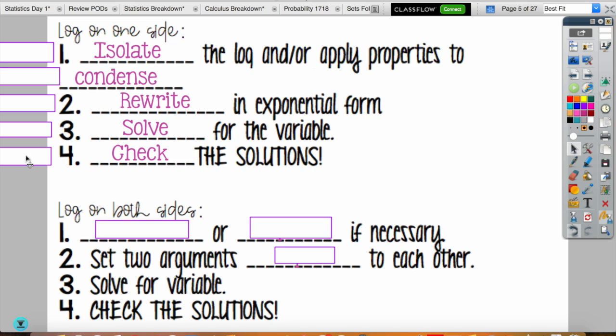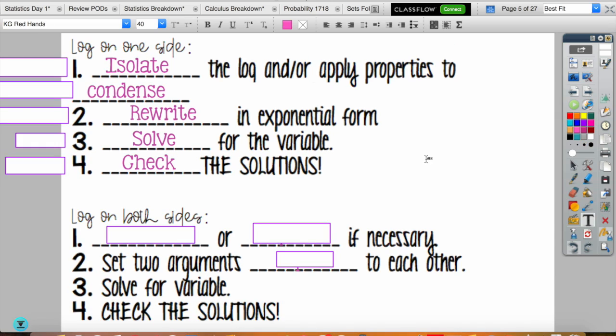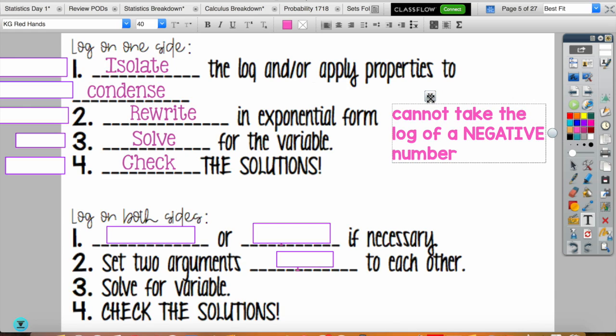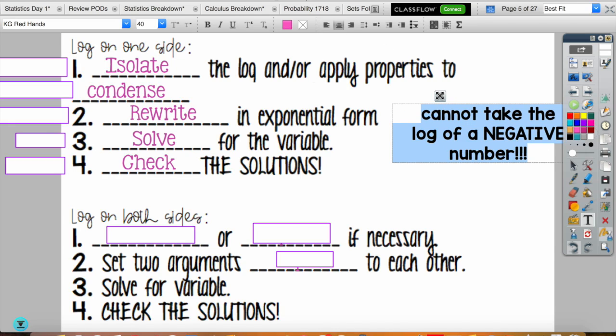That's why you have to check your solutions. You should be writing that down. You cannot take the log of a negative number. So if you solve this logarithmic equation, you get an answer, plug it back in. Because when you plug it back in, if it ends up giving you log of a negative number, you know it's a no solution because you cannot take the log of a negative number.